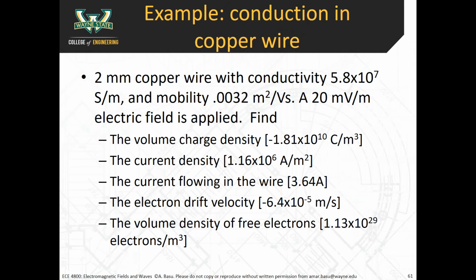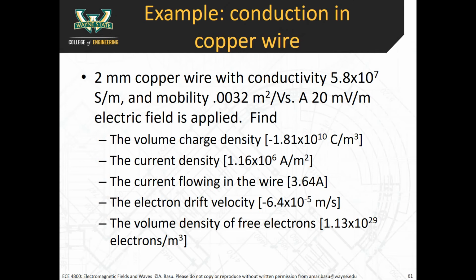The reason I have all the solutions here is because this is just something I want to go over with you very quickly. We won't bother spending that much time writing out the solutions. I want to explain these things to you conceptually. So, a 2 millimeter copper wire: you're given the conductivity, the mobility, and the electric field.